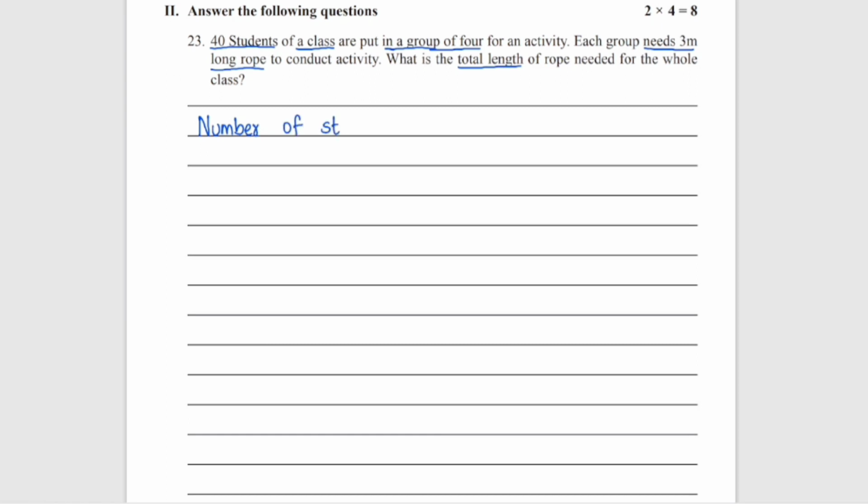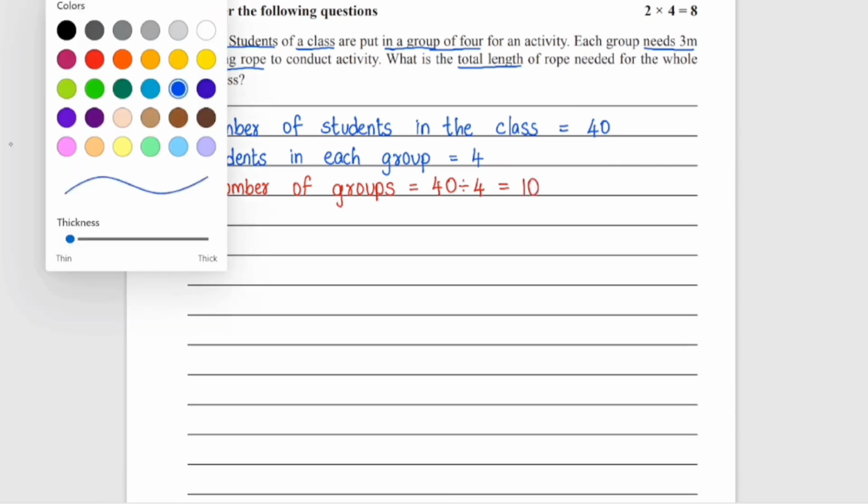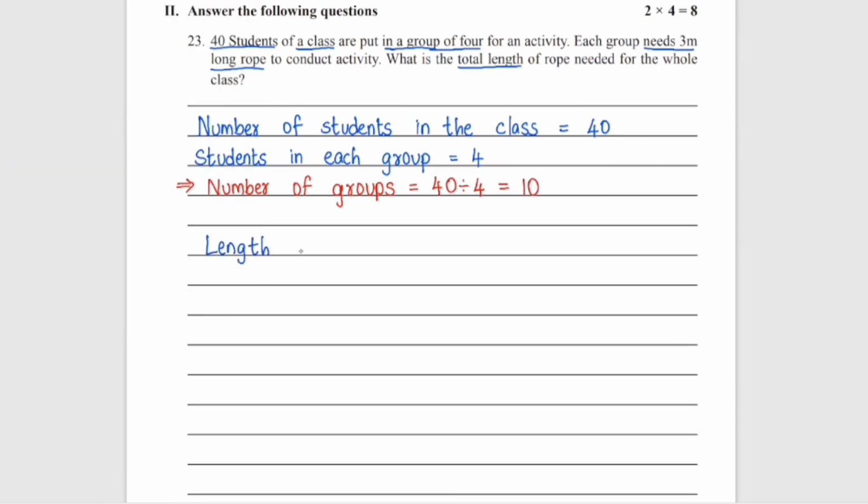So let us write number of students in the class equals 40. Then students in each group equals 4. We need to find how many groups there are. So number of groups is equal to 40 divided by 4, which is 10. So there are 10 groups.